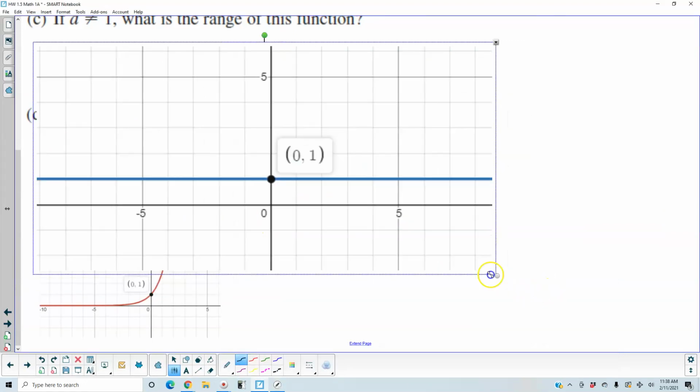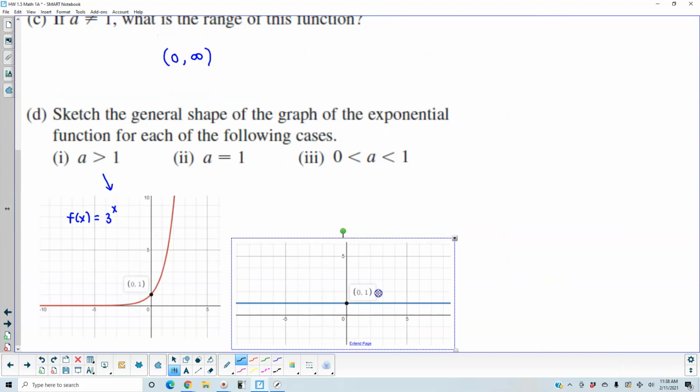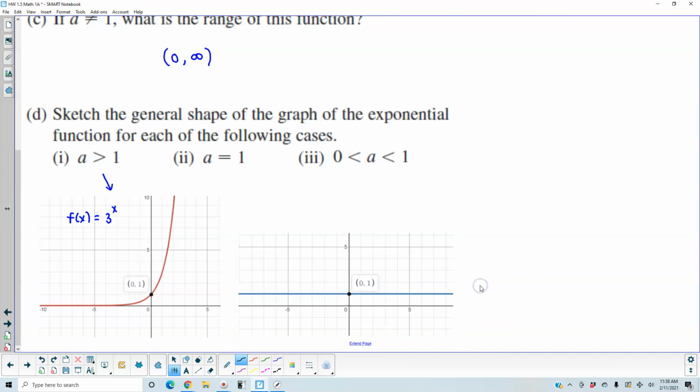So now we can see what the graph looks like, and again, this is the second scenario here, where f of x is equal to 1 to the x. And then let's take a look at the last one, where the base is going to be in between 0 and 1.